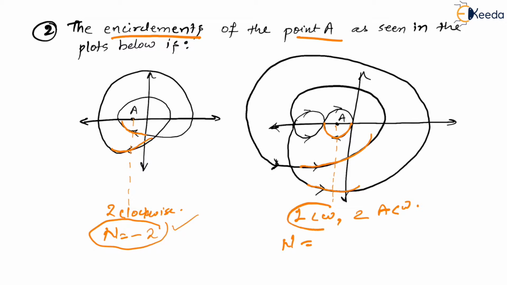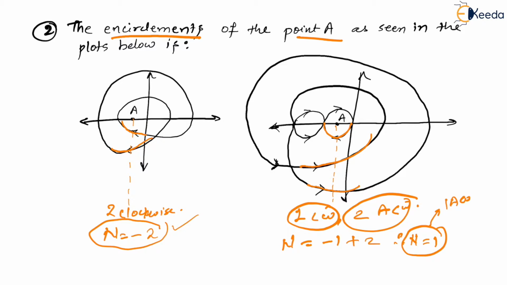For one clockwise you have got -1, and for two anti-clockwise you have got +2. So you get n equal to +1. It means that you have only one anti-clockwise direction in net. So you have n equal to 1. Second one is also done.